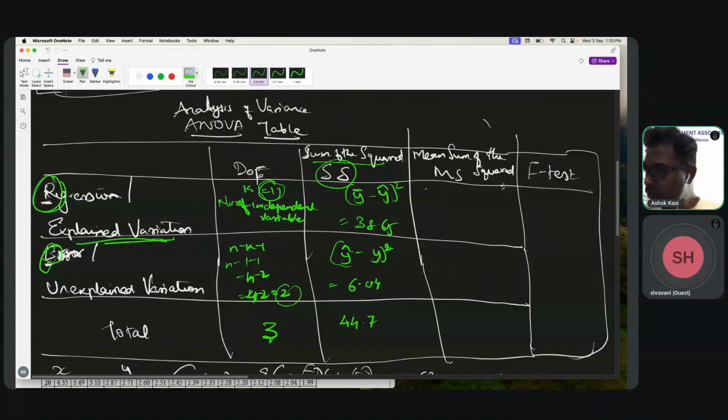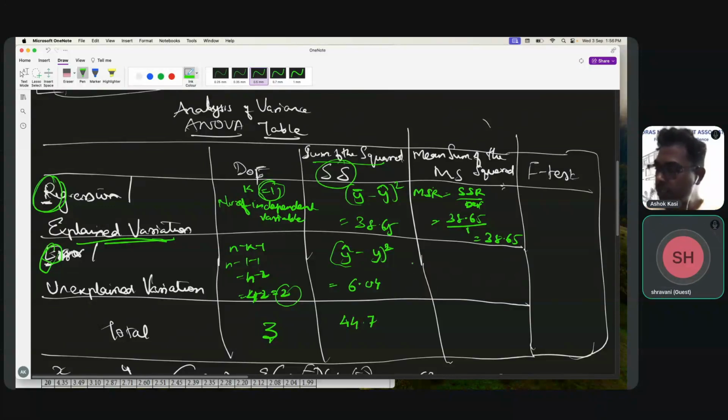Okay. Then next MSR will always be equal to SSR, because the denominator is 1. So the formula is what? MSR is equal to SSR divided by degree of freedom. So that is equal to SSR is 38.65 divided by degree of freedom is 1. So 38.65. Okay.